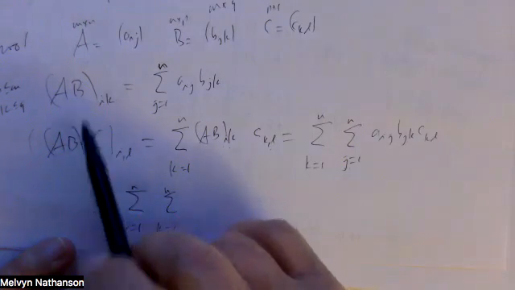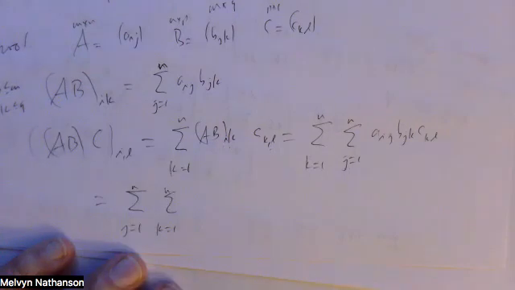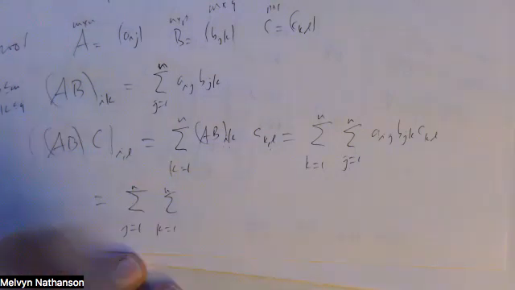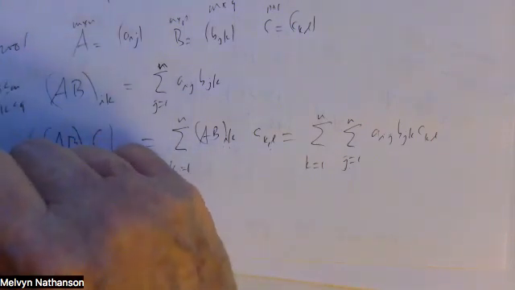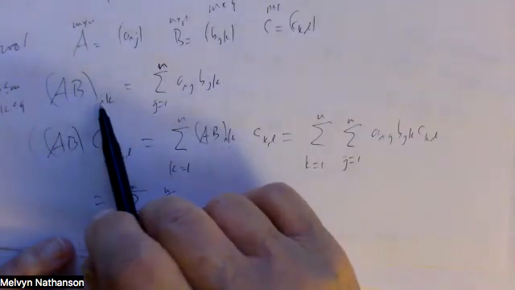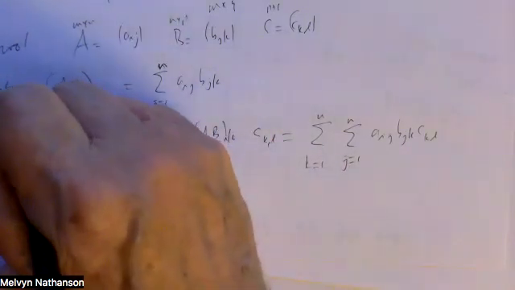If I take AB times C, and I want to take the il-th coordinate of that, i goes from 1 up to m. l, that's the number of columns in the matrix C. l goes from 1 to q. Let's see, AB sub ik: i goes from 1 to m, k goes from 1 to p.